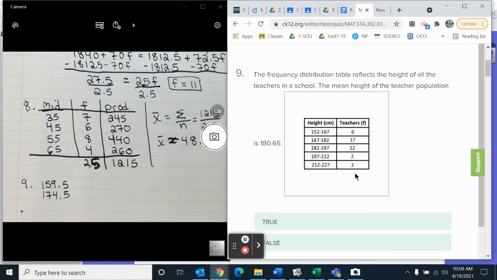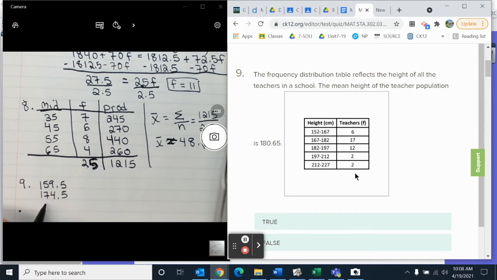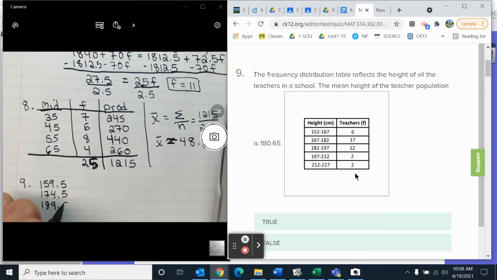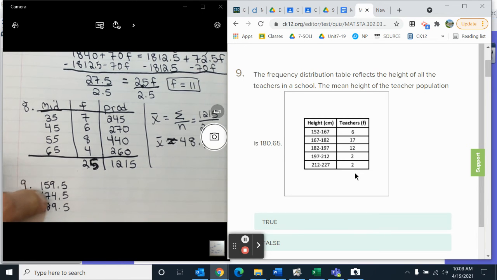So it looks like it's going up by 25. 182 plus 197, divide by 2, 189.5. I'm sorry, going up by 15, not 25.